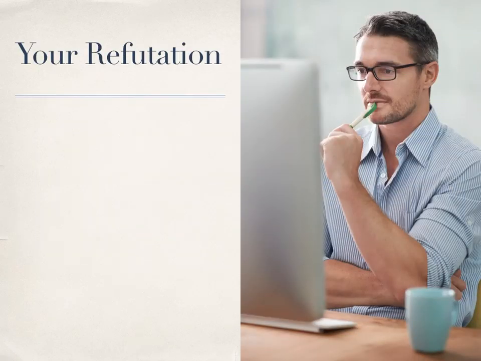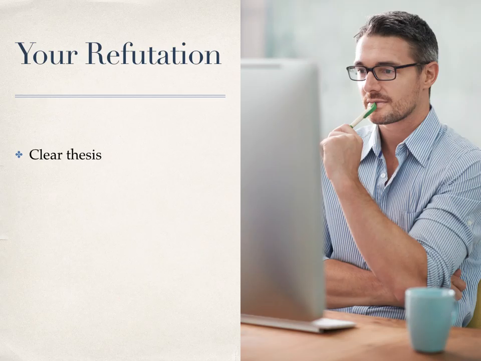So in your refutation, you're going to be refuting the myth of moderation in religion, just like I did. And you're going to start with an introduction that states the claims made by the author, and you're just summarizing what he said fairly, concisely, and accurately. You're not attacking him in the introduction to the work.